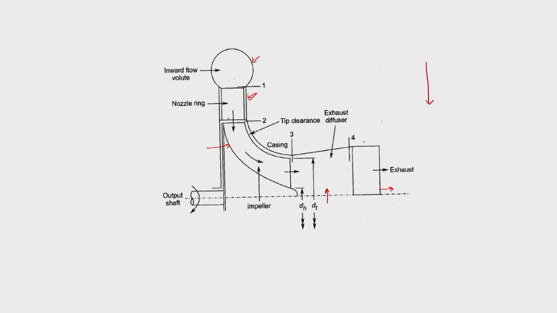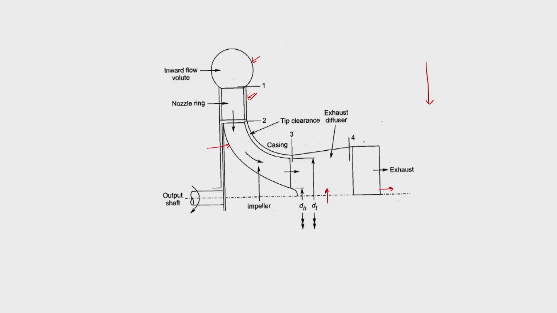Then the flow passes through the turbine blades, the turbine rotates, and the enthalpy drop required for the work output takes place in the turbine, which is again the impeller.